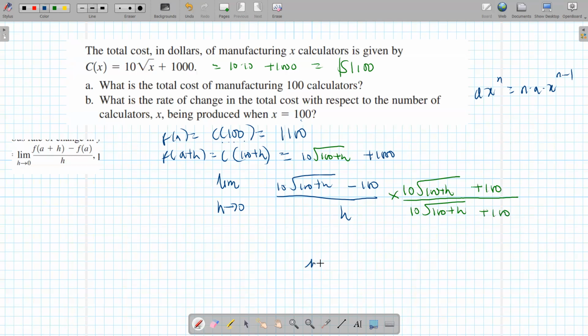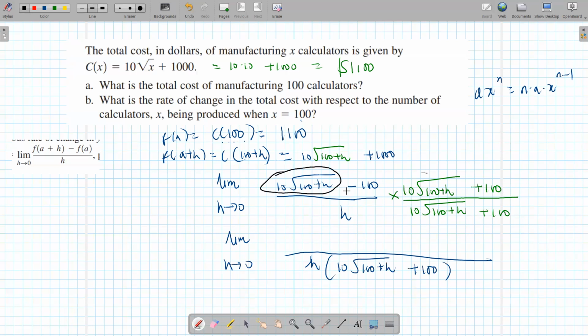On the bottom, we don't care, because it's going to cancel. Once this h cancels out, it'll be very easy to work with. So on the denominator, it's just going to be h times that entire thing. But what do we get on the numerator? We have a minus b times a plus b.